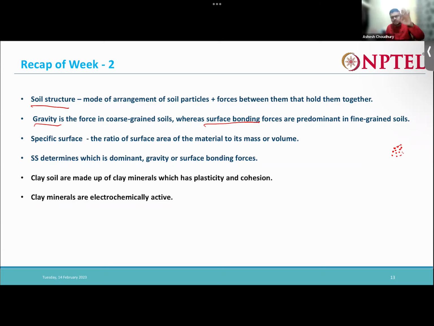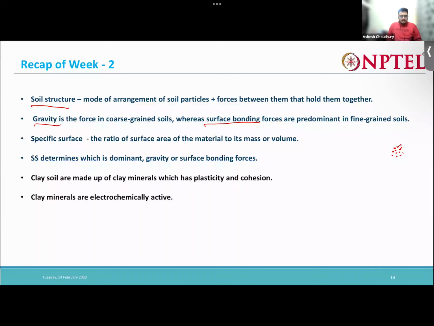Now specific surface determines which is dominant, either gravity or surface bonding. If specific surface is very high, our surface bonding forces will be predominant. If specific surface area is very low, our gravity forces will be dominant.